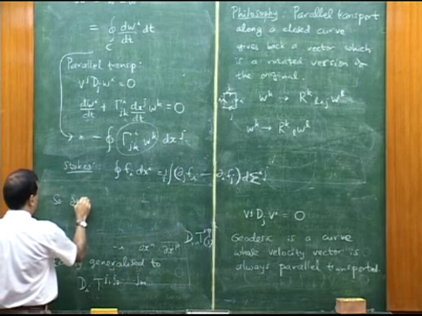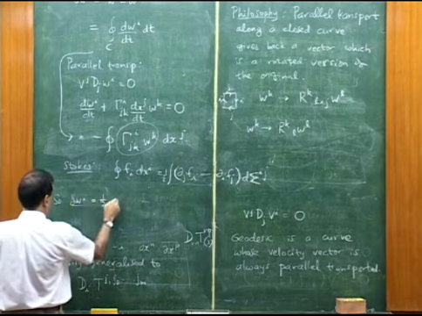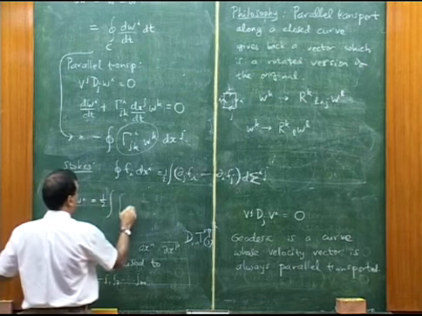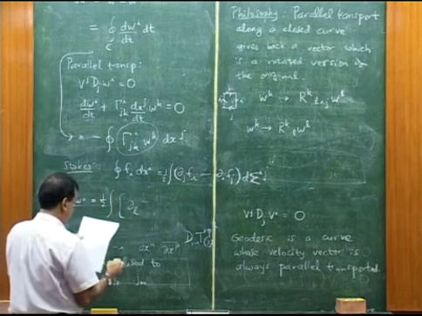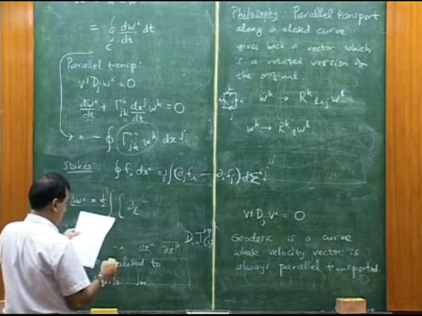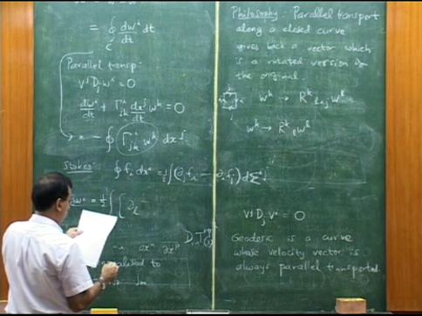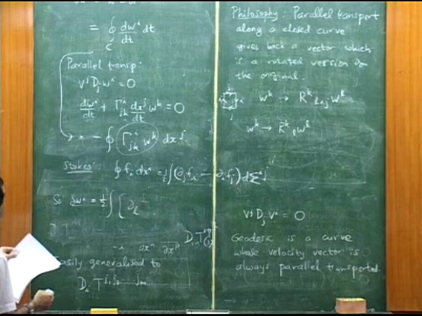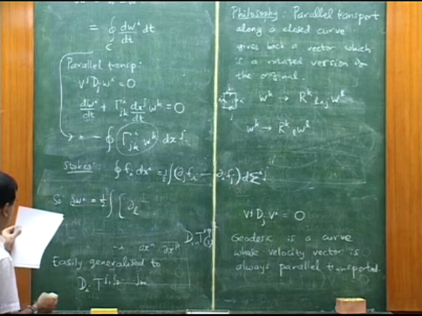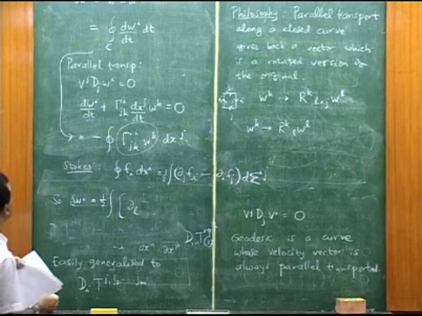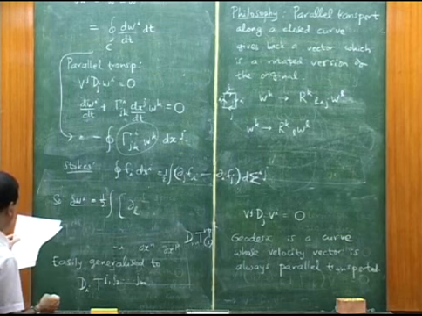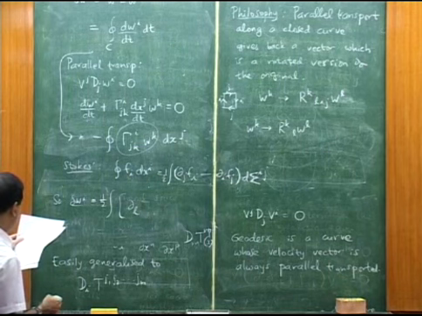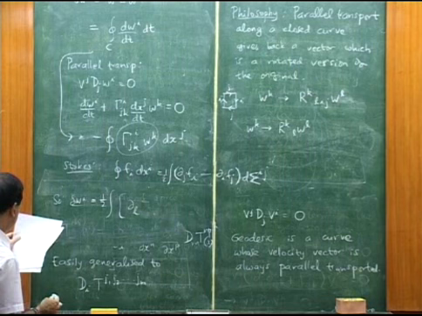So δW_i is equal to a half integral ∂. So there should be a minus sign somewhere. I have a minus sign in the last equation, but my notes don't have a minus sign in this equation. Let me write the equation and then we'll see whether the sign is right.